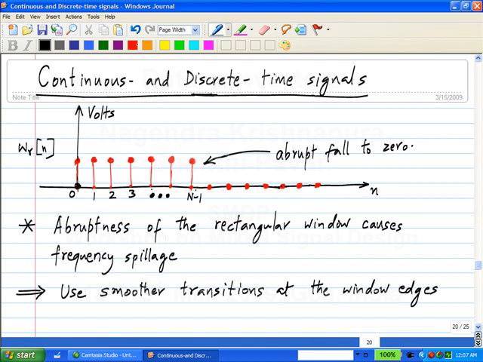Slightly larger value, even larger value, even larger value. Then it will drop to smaller values. One possible thing is to use a triangularly weighted window. Instead of rectangular, which has abrupt changes at the ends, you can use triangular ones.